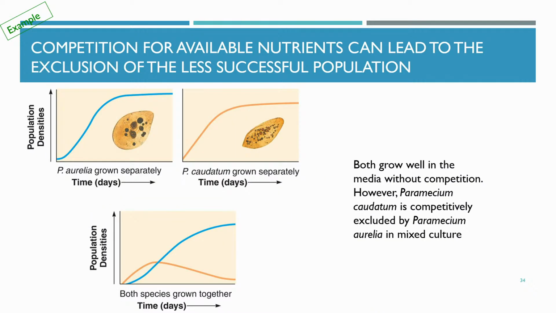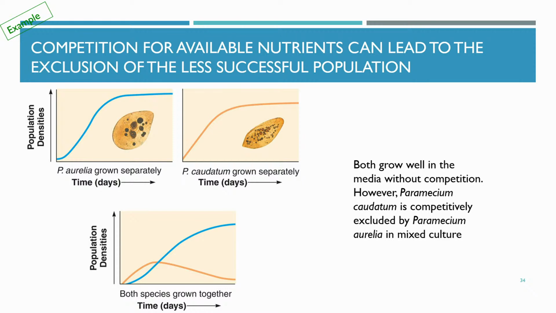To give you an example of competition, this can lead to exclusion of the less successful population. Here we have two types of paramecium, P. aurelia and P. caudatum. When they are grown separately, this is what the paramecia look like. This is over time and its population density.